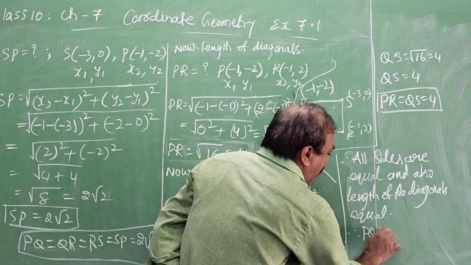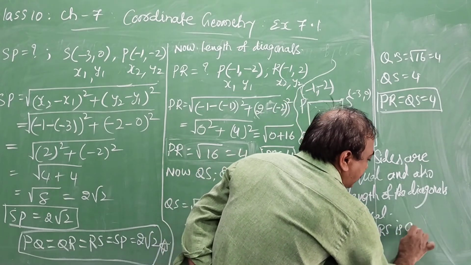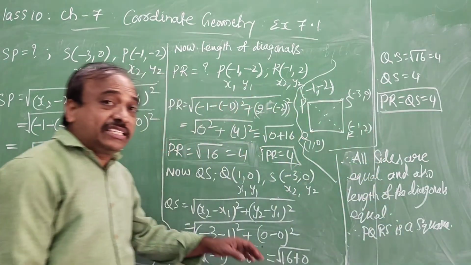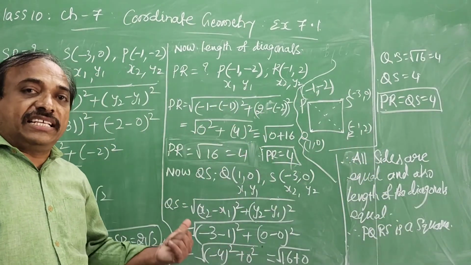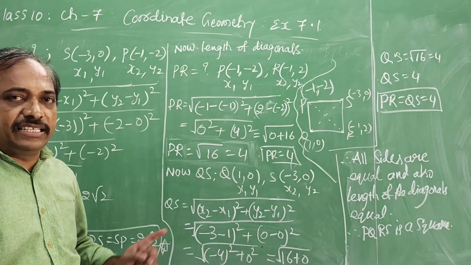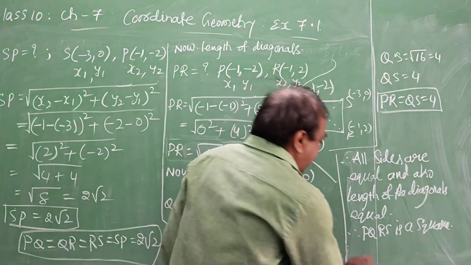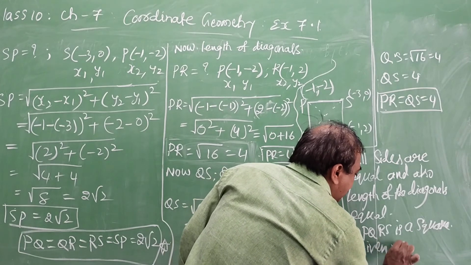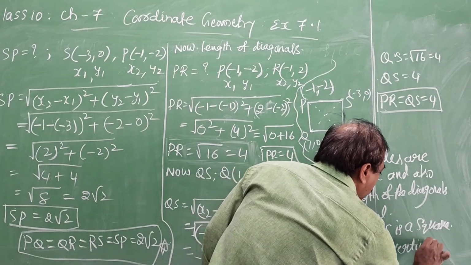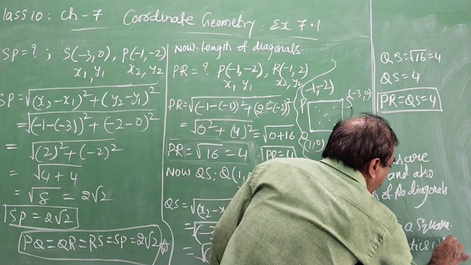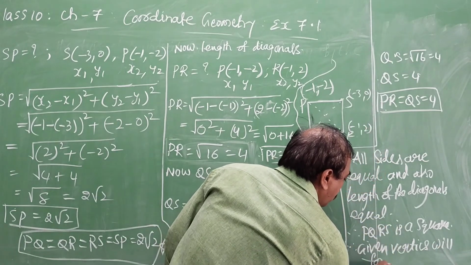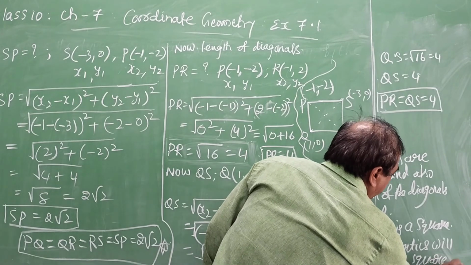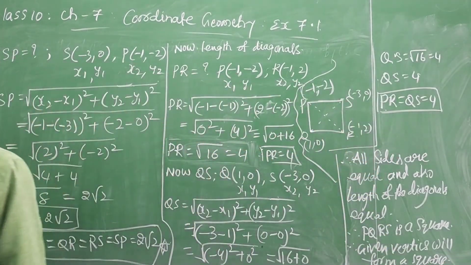Therefore PQRS is a square. If diagonals are not equal, then it is a rhombus. So therefore, the given vertices will form a square. I hope it is clear to you.